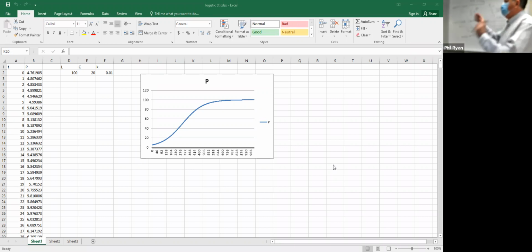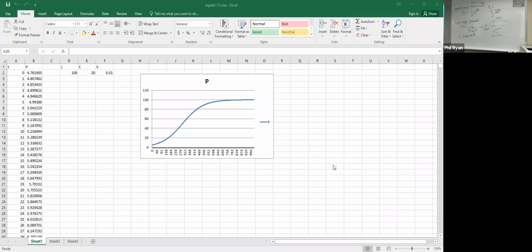Okay, so this is our new model. And now that we've done what we've done in chapter 4, can anyone tell me what this point is here? It's an inflection point. There are only really two things you need to know about the logistic curve.